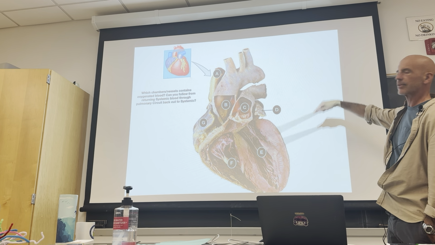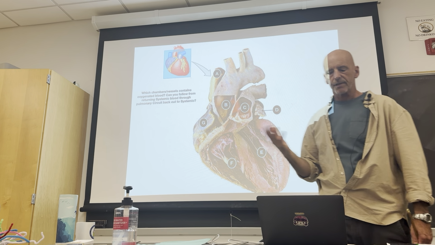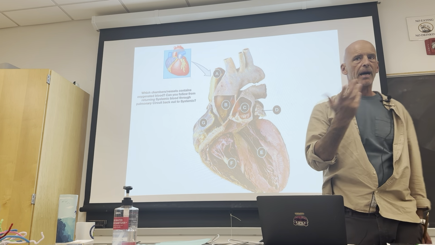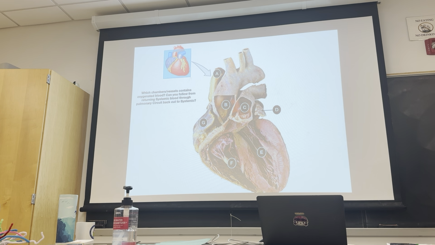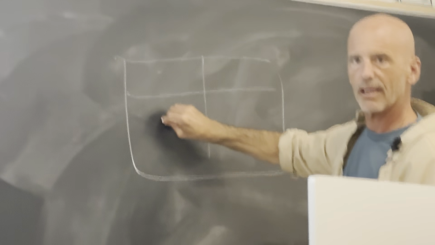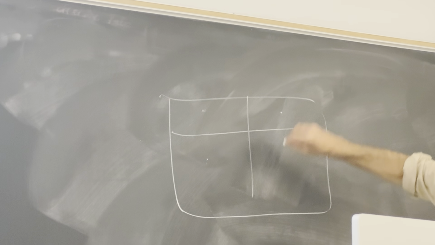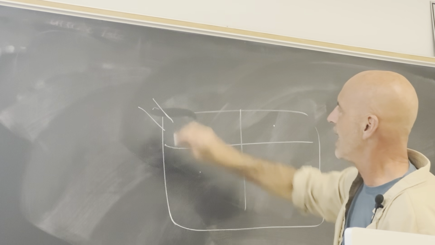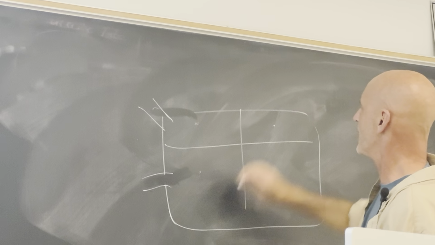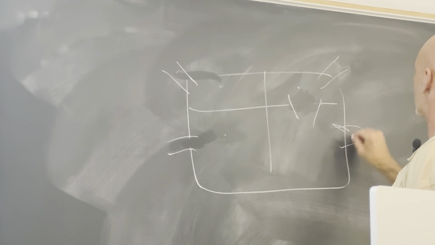So you want to just understand a nice, easy picture of the heart. You could probably draw it by yourself on the sheet. Just draw a little square: right atrium, right ventricle, left atrium, left ventricle, entering, leaving, entering, leaving, and then the valves.